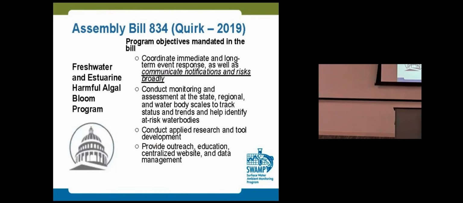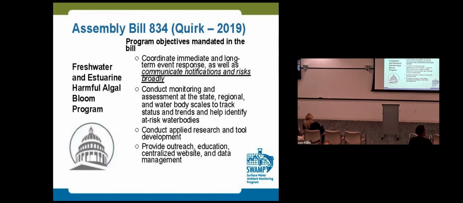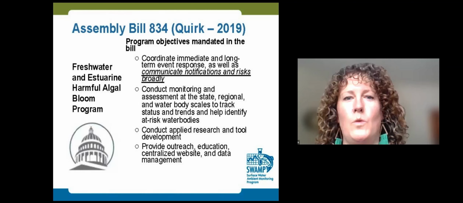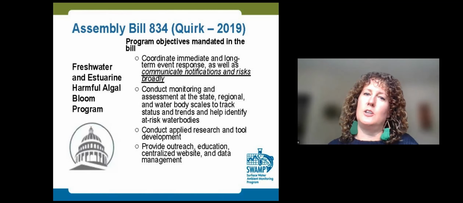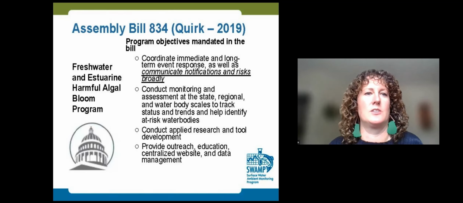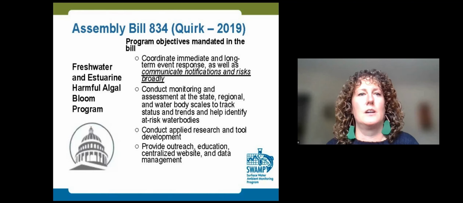The program became formalized with the passing of Assembly Bill 834 in 2019. Although we are mandated to do a lot of stuff, one of our primary mandate goals is to communicate harmful algal bloom notifications and risks to the public. So that's going to be the focus today.